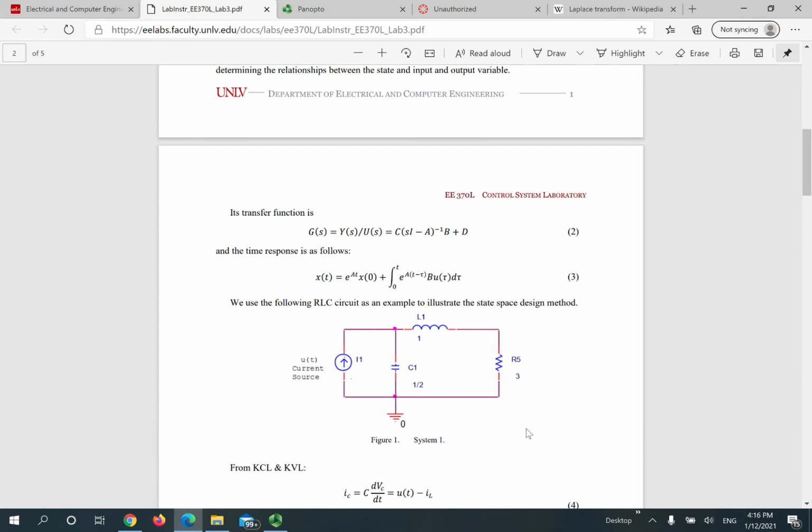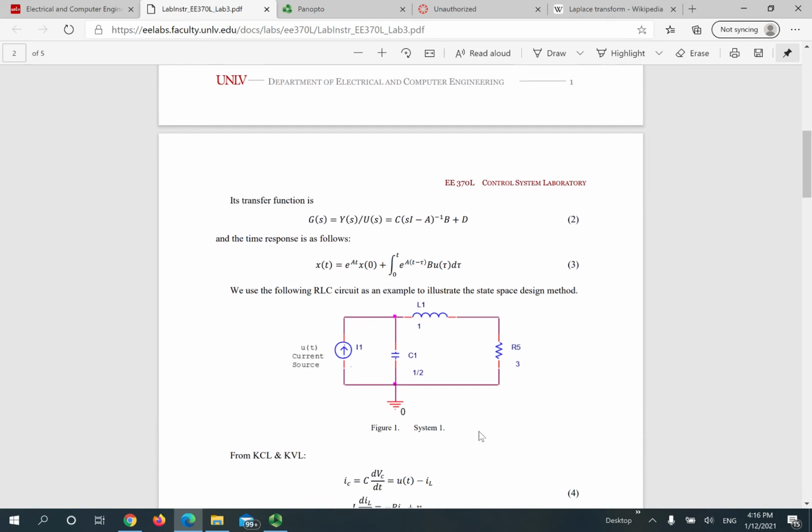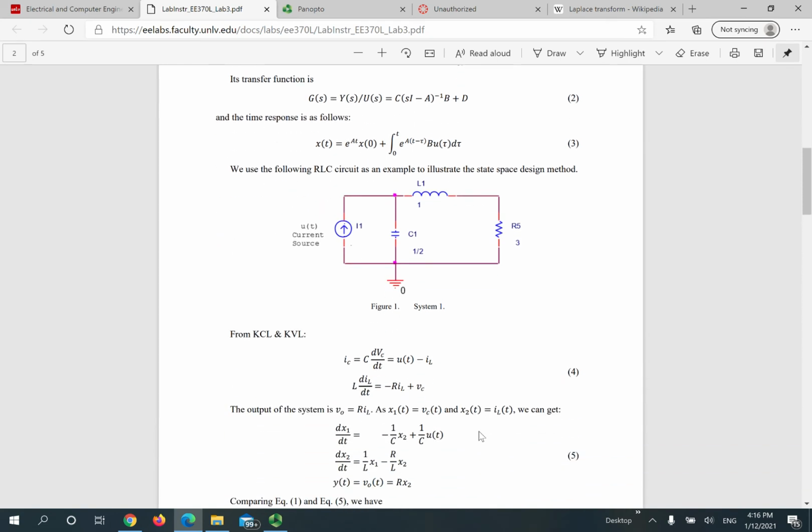And this is an example. It's a very simple RLC circuit. This is the input, a current source with a step input, and this is the capacitor, inductor, and resistor. We can use KCL and KVL to write the equations like this. These two are the first order differential equations of the state space modeling.